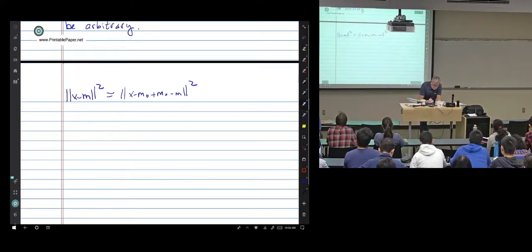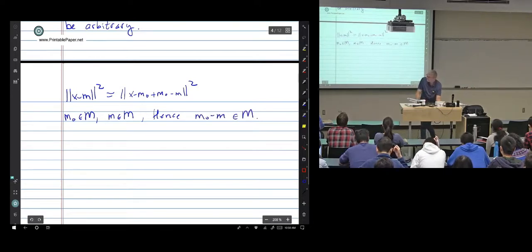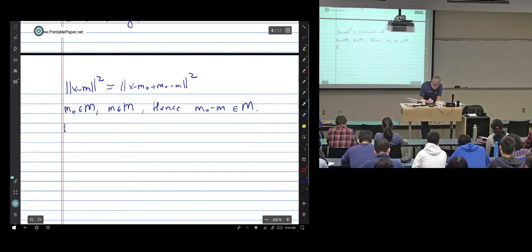Now, M0 is in M, m is in M, hence M0 minus m is an element of M. Okay, M is a subspace, so if I add two vectors, no problem. Also, we know that X minus M0 is orthogonal to M, so that implies X minus M0 is orthogonal to M0 minus m.